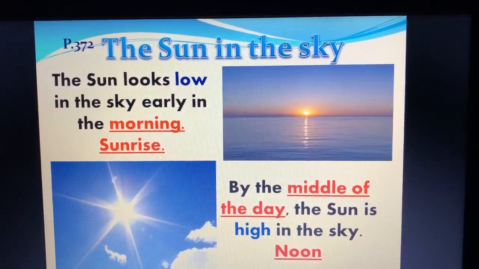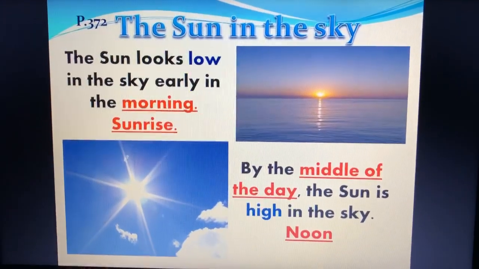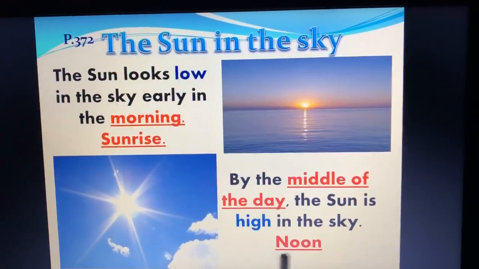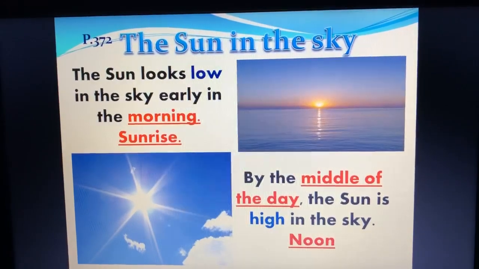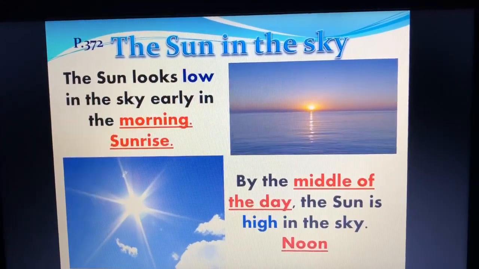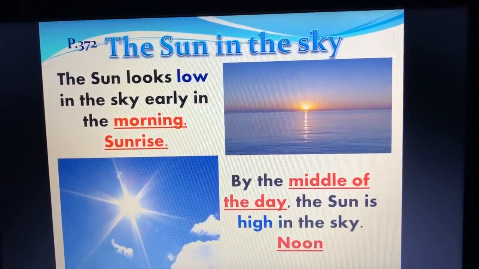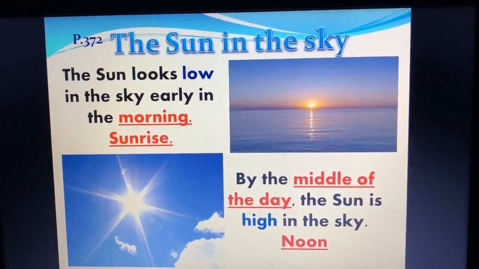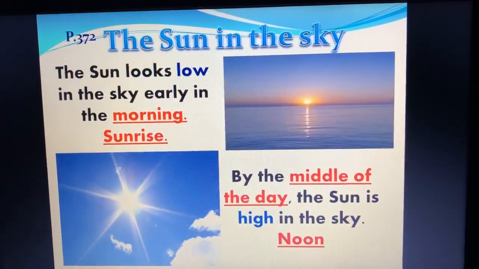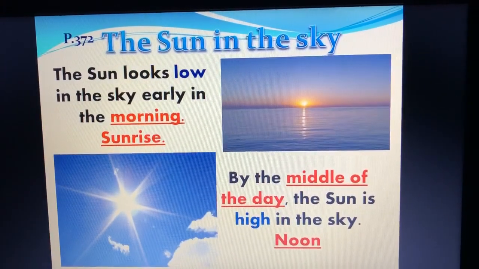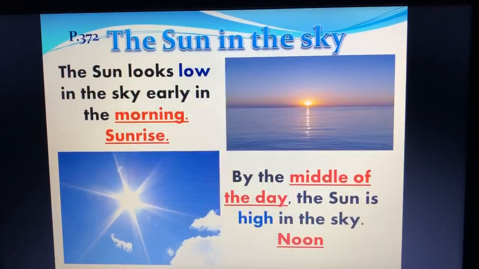By the middle of the day, the sun is high in the sky, which we call noon. So early morning is the time when you are going to school, and the middle of the day is the time when you are leaving school and going back home. In early morning, the sun looks low, but by the middle of the day, the sun is high in the sky.